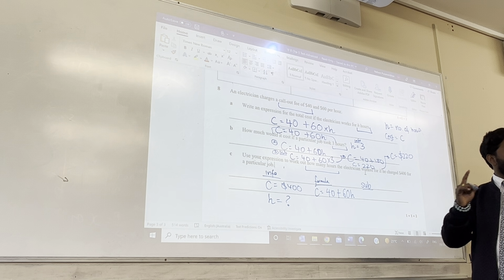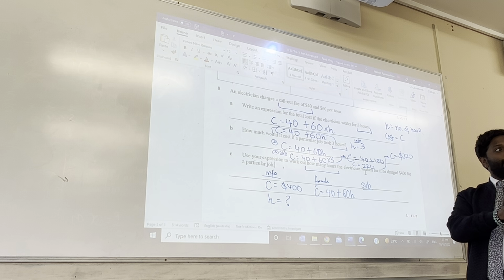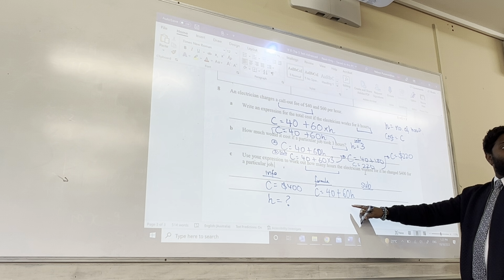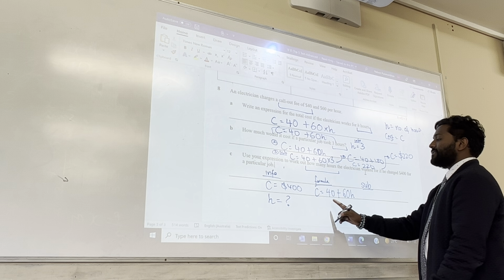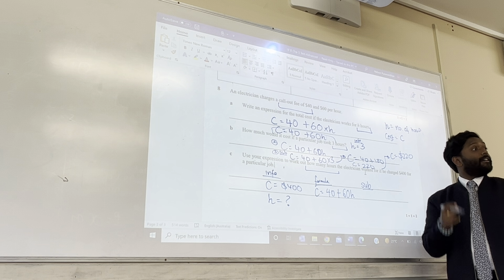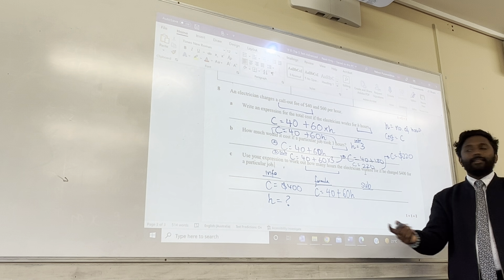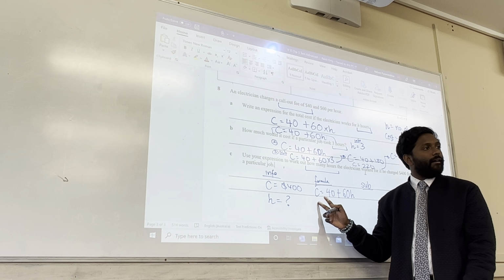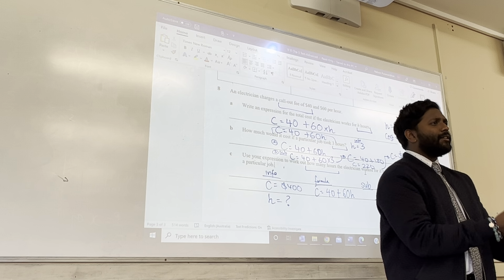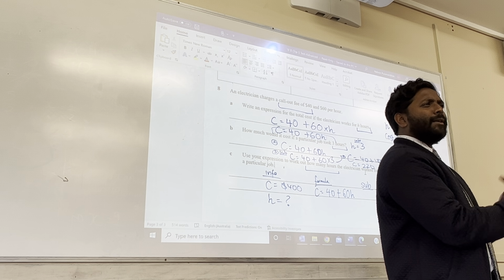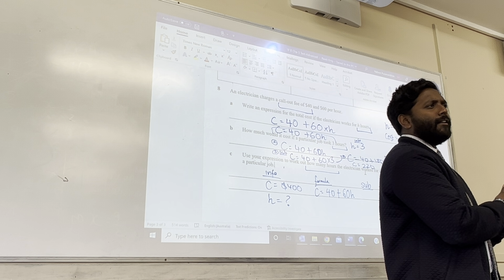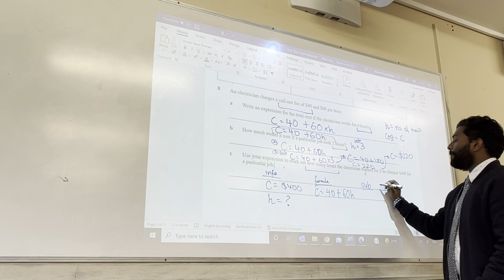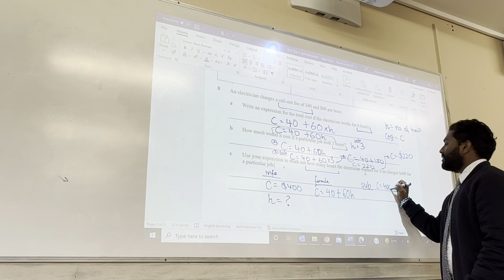What do we know? The total cost. Because if you find H and you don't put that into a number, you're going to be left with H is equal to something something C. Do we want C in your answer? No, you want a number. So we're going to substitute C is equal to 400 into our formula.